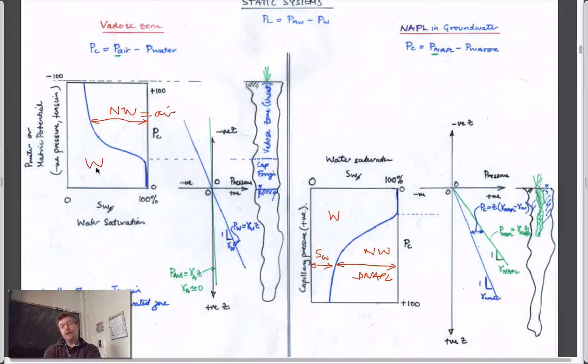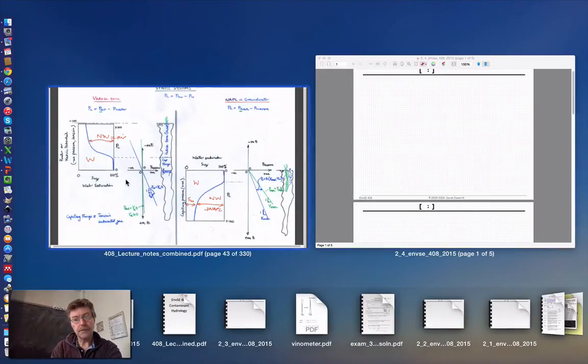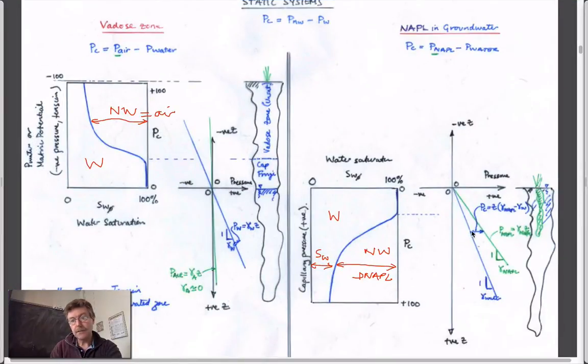And so it's entirely logical that we should evaluate from these the relative saturations as we go up or down through here. And it's really predicated on the difference between the pressures in the two potential phases. The water in one case, which would be less dense, and the denser napple in the other case.